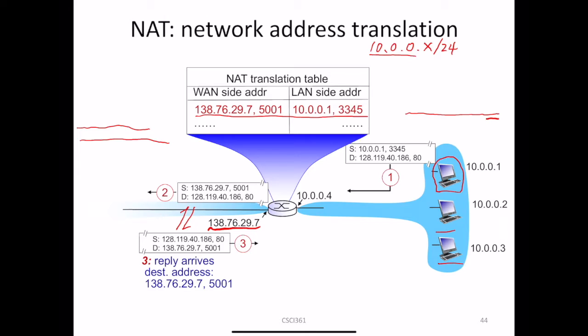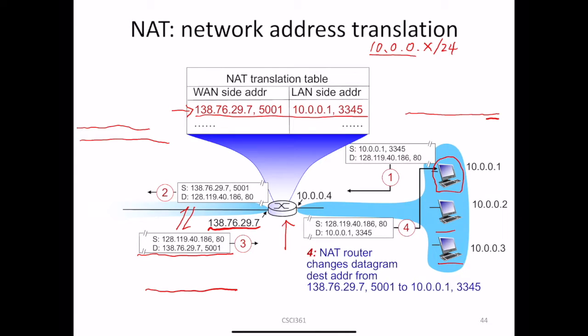And when this response message is received by this router, the router will first check the NAT translation table to see the record, the address pairs for this one, and then it finds it here.